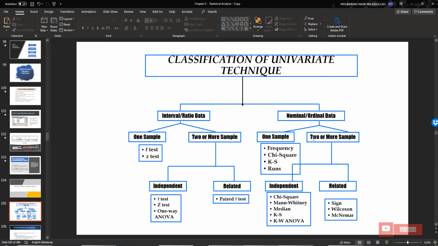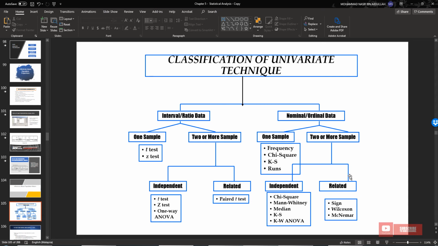If you have two or more samples, and the samples are independent, you can use the chi-square test, Pearson chi-square, Mann-Whitney test, median test, Kolmogorov-Smirnov test, or Kruskal-Wallis ANOVA. So this is when we have independent sample tests.